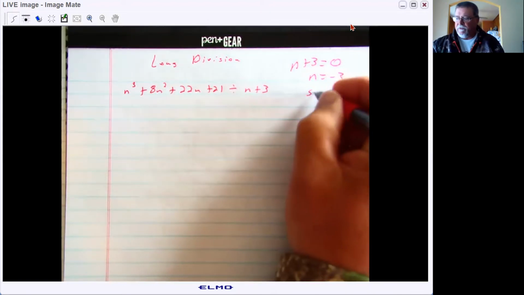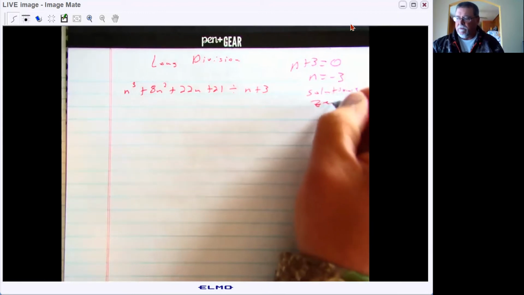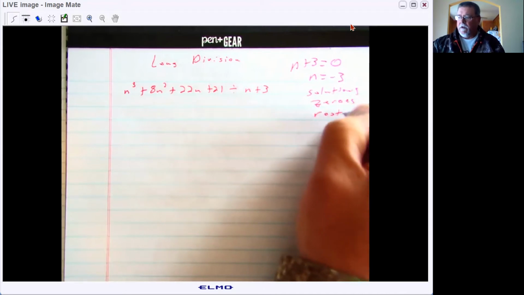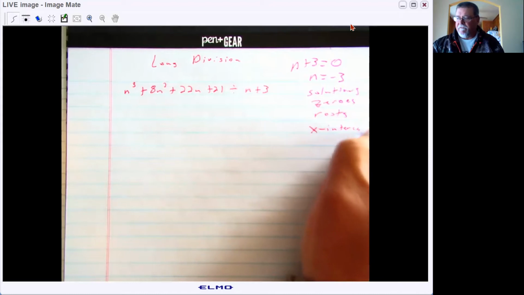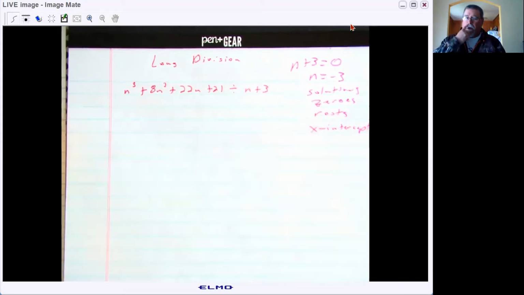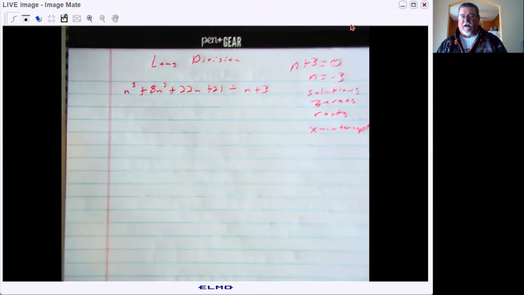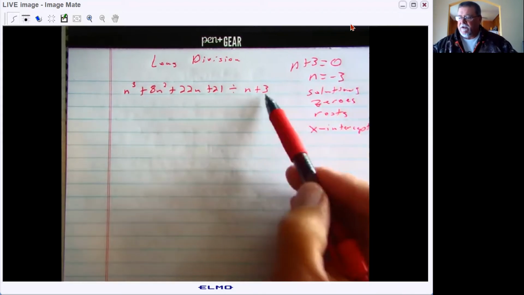Remember, solutions are zeros, roots, and x-intercepts. That's where the graph of our polynomial equation or function touches or crosses the x-axis, right? So this is our divisor.